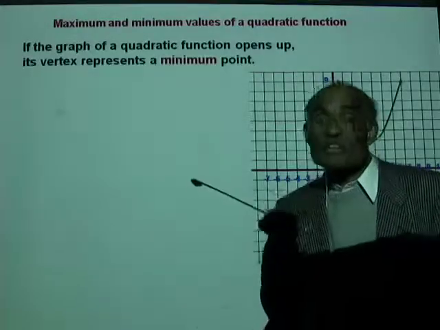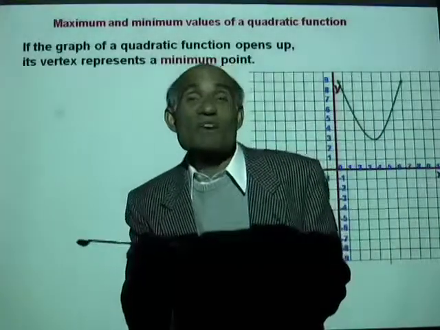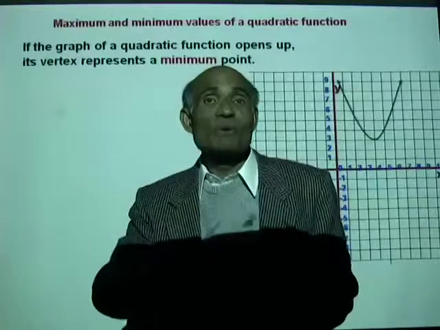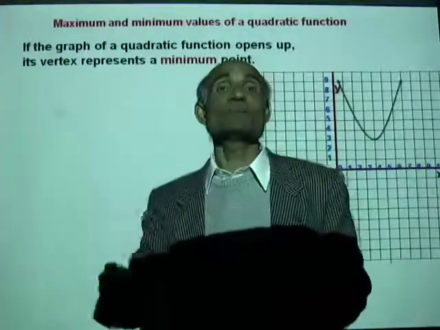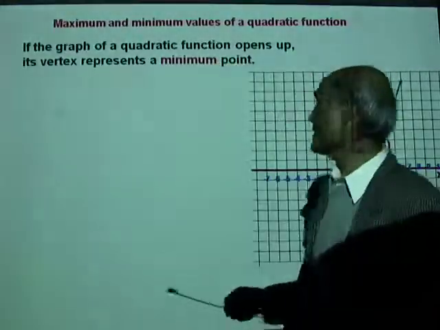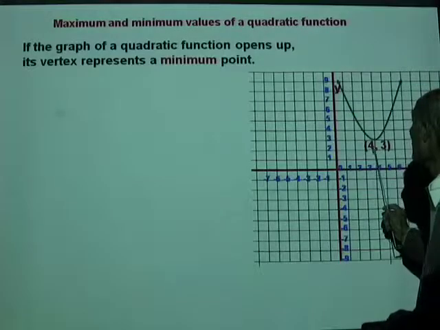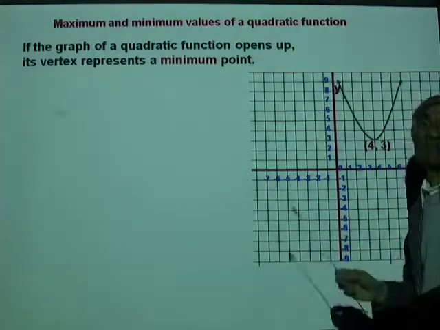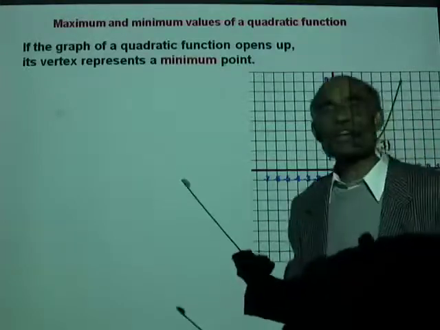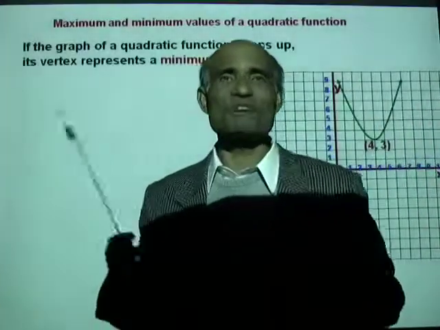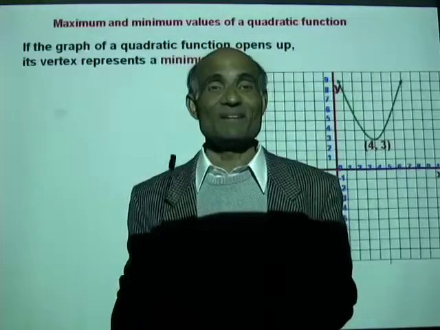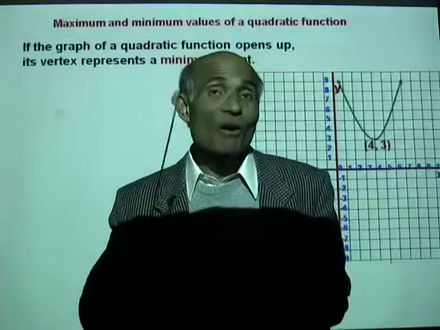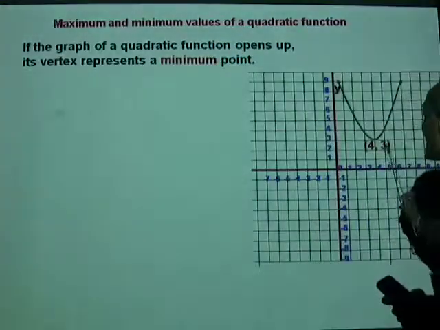So actually the vertex gives you either a minimum or a maximum depending on whether the parabola opens up or down. That means, say 4, 3 is the vertex of this parabola. Tell me, what is the minimum value of this function?